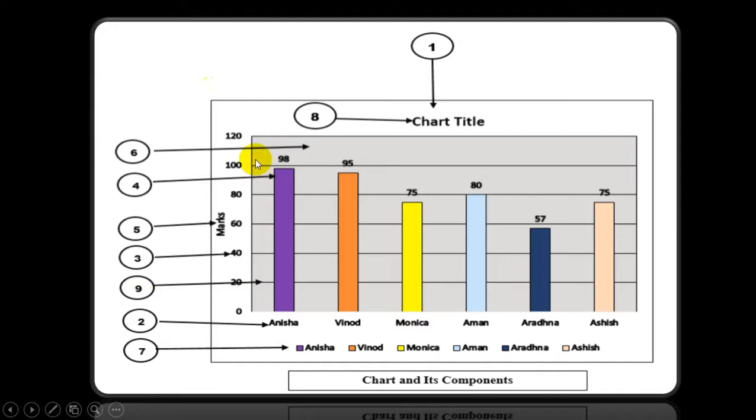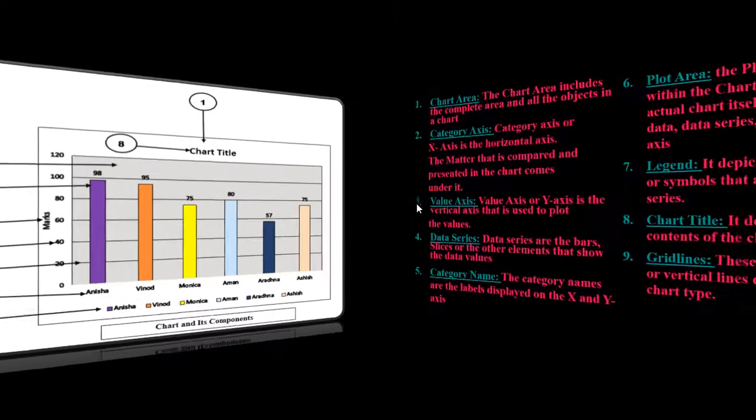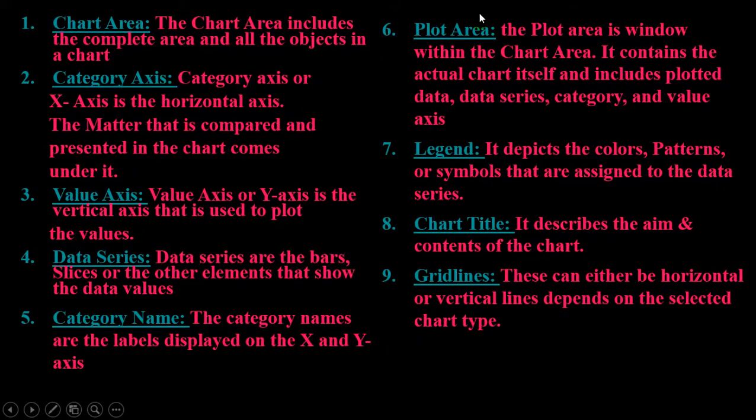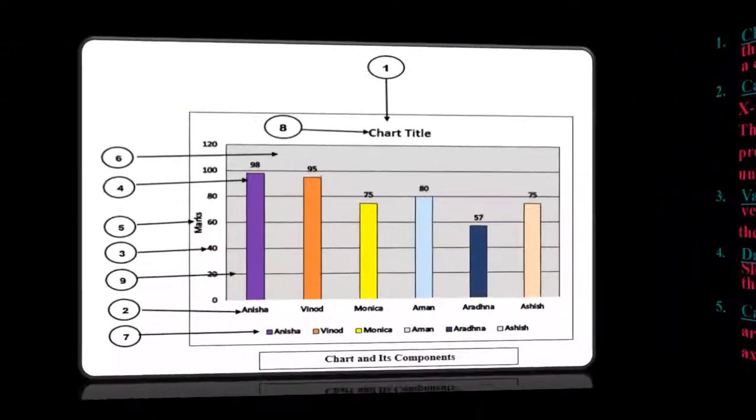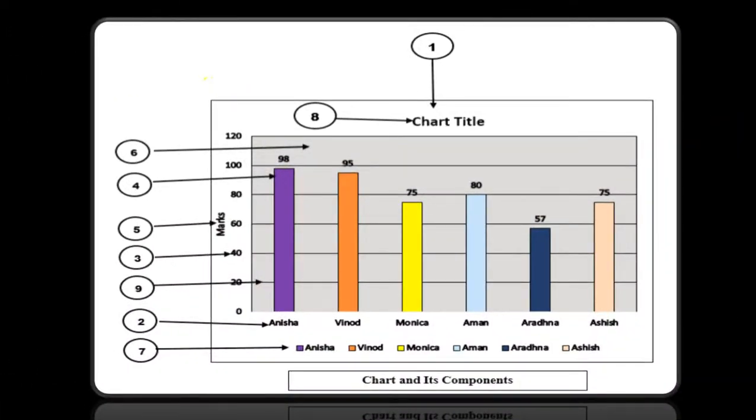Grid lines, which you can see in a plot area as horizontal lines. Clear everyone? If you want, you can take a snapshot of all the 9 components written here, and afterward compare it with this chart one by one. Clear everyone? So you can easily understand all the components of this chart.